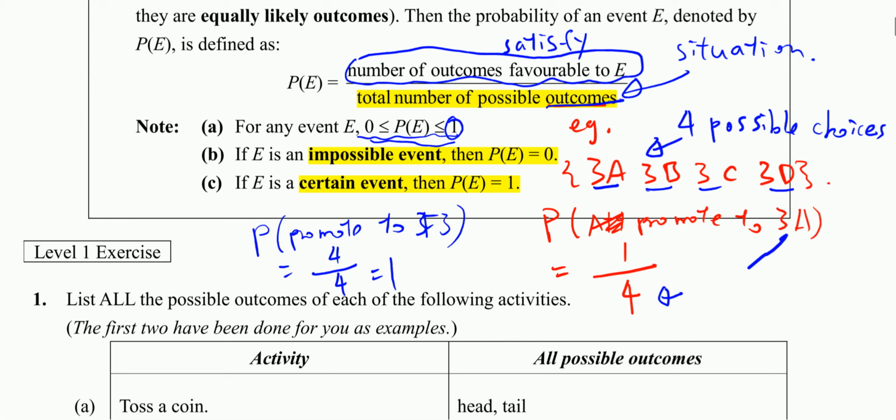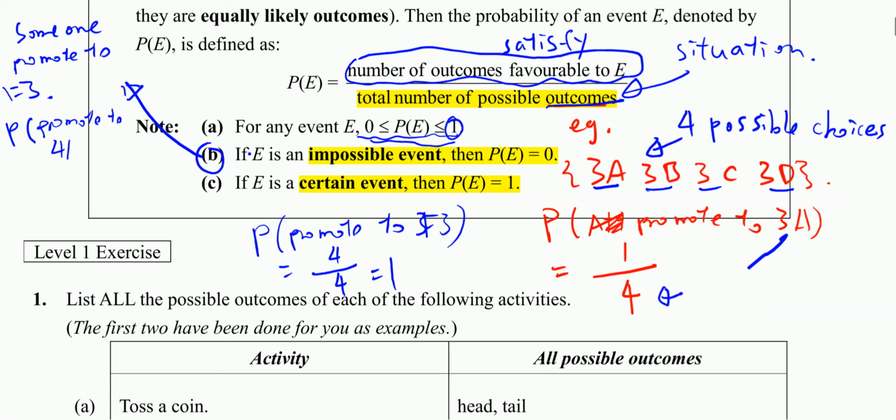I can just give you a very quick example here. If someone can be promoted to Form 3, and this time I want to count promotion to 4A, which is a Form 4 class, it's not possible, so it is 0.